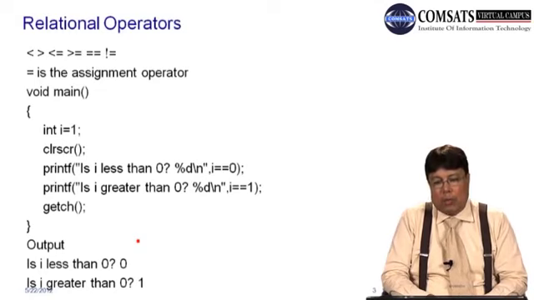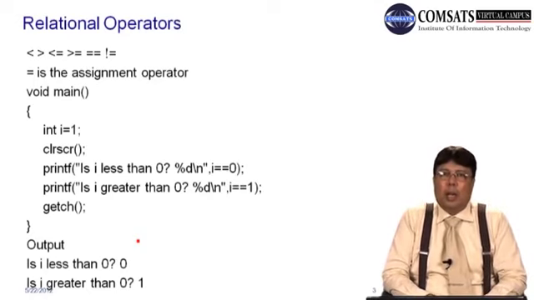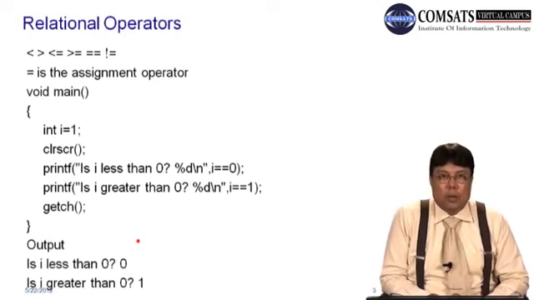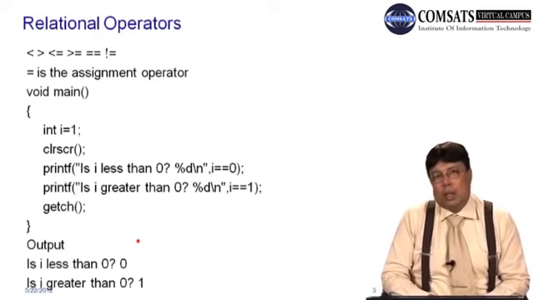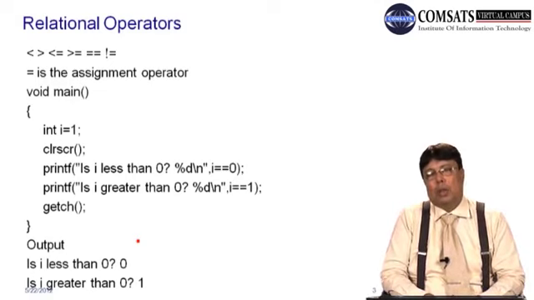The argument is i == 0. This is an equality operator that tests whether i is equal to 0. Now there can be two answers, yes or no. If i equal to 0 is true, the answer will be yes. How do we represent yes? Yes is represented by a non-zero value, so the output will be 1.